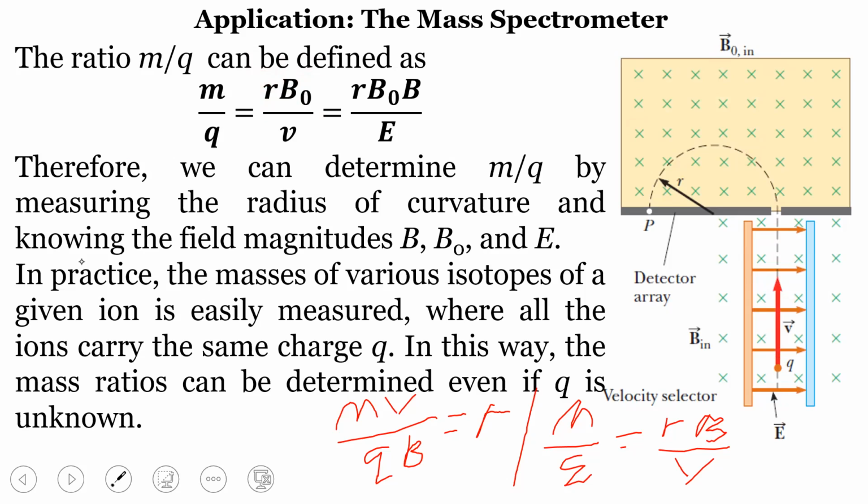So that means that some particles will be crashing here, some will be crashing here, some will be crashing at different points on the left, in a semicircular path, giving them individual radius r. So this particular radius r would give us an idea of the mass to charge ratio.